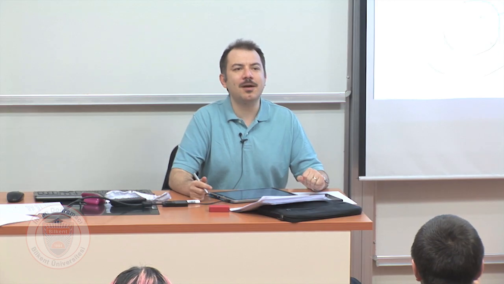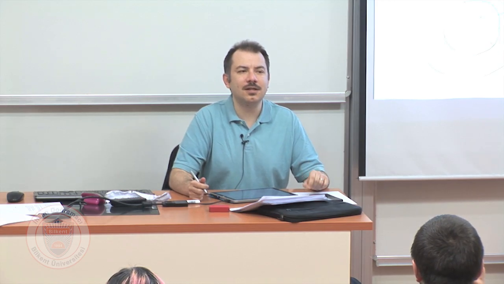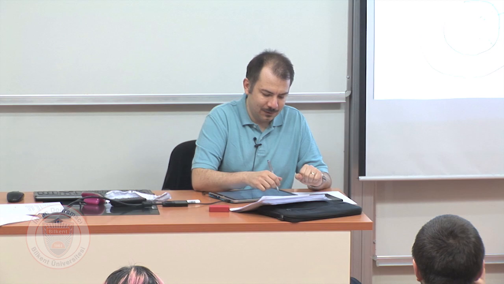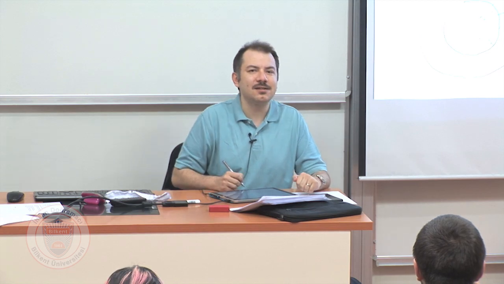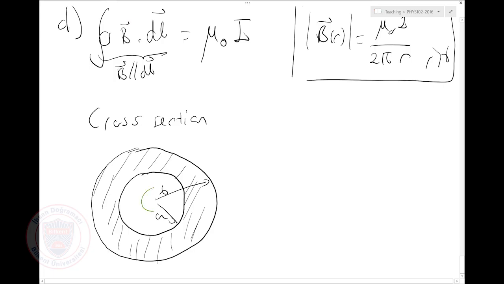Now I need to find the magnetic field in three different regions. Let me quickly state the simple ones. In the inner region, let's say for the first loop, B dot dl is exactly 0. Why? Because there is no current inside.